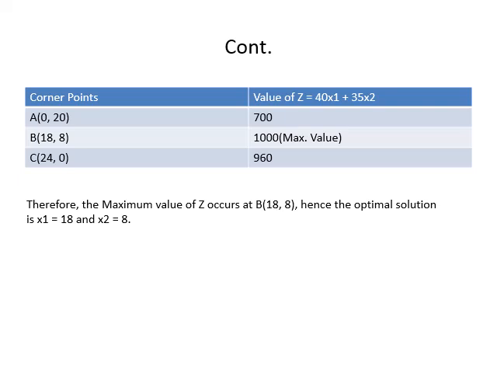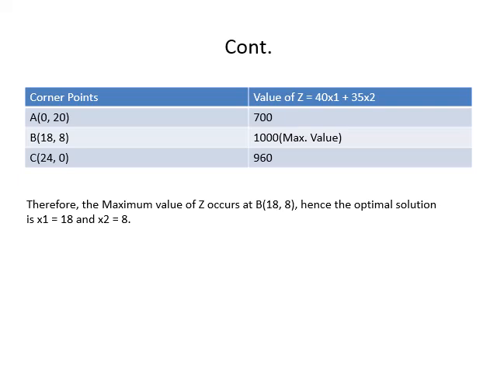The values of point B are 18 and 8, and the values of point C are 24 and 0. Let's substitute these values into Z.